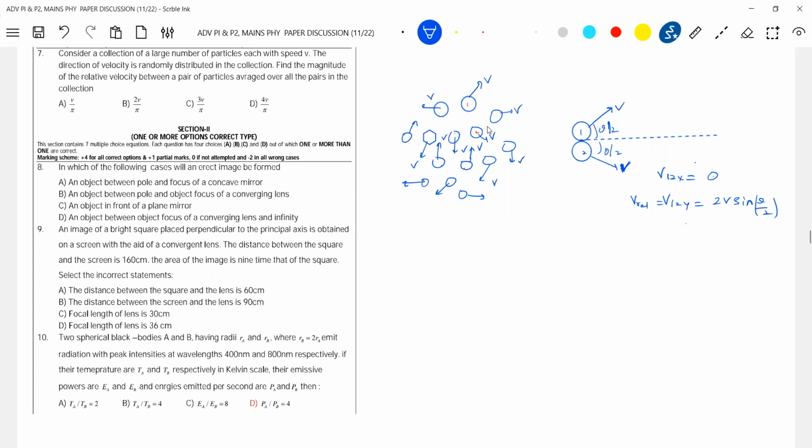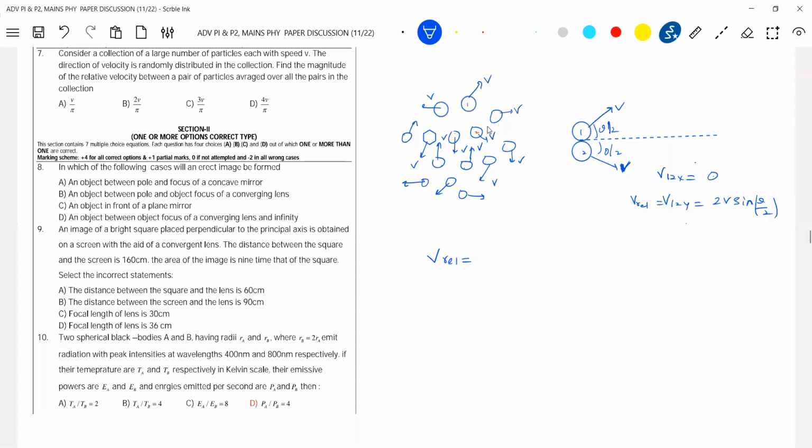Find the magnitude of relative velocity between a pair of particles averaged over all the pairs in the collection. So we take the average over different pairs of particles. If the angular separation between them is theta, they are randomly distributed in all directions in the collection.